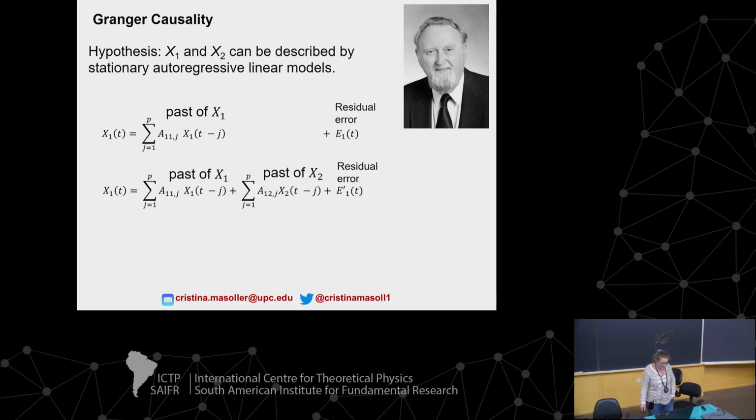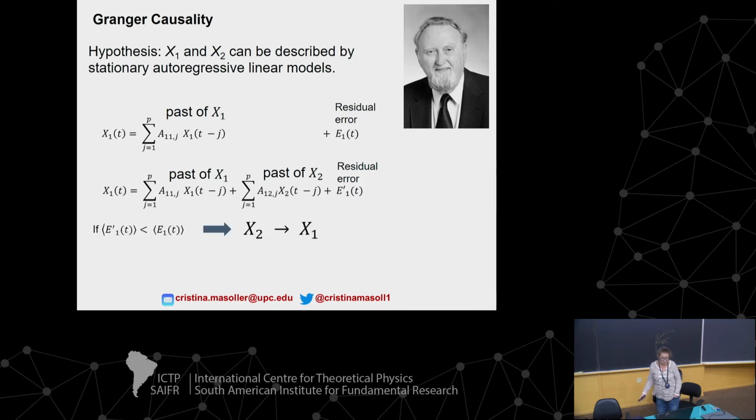And then for another time series, the same time series can be considered to depend on X, but also on the past of another, X2. If you model your data using this equation, which is linear, you get a different error than when ignoring the past of X2.